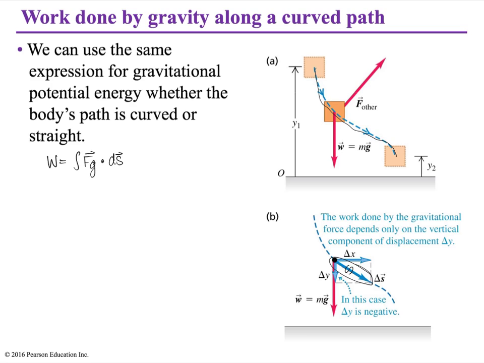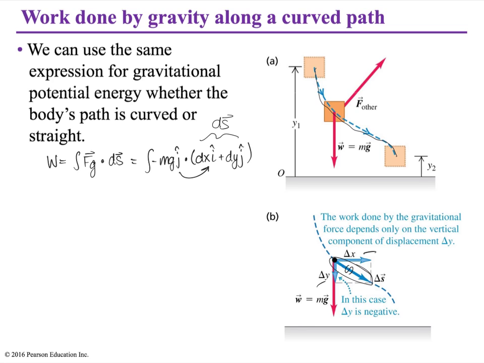But we can break this up into its x and y components. And so we're going to do minus mg in the y direction, and then the ds is going to be dx in the i direction and dy in the j direction, because this altogether gives us the displacement along the path. It's got a little bit of x and a little bit of y.